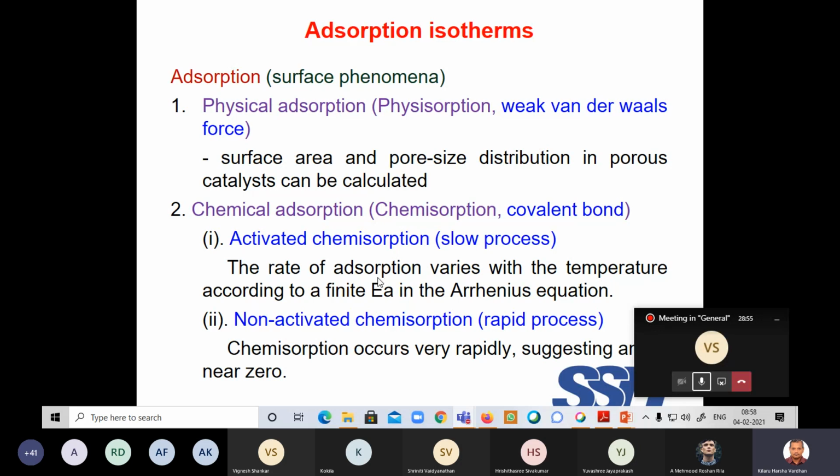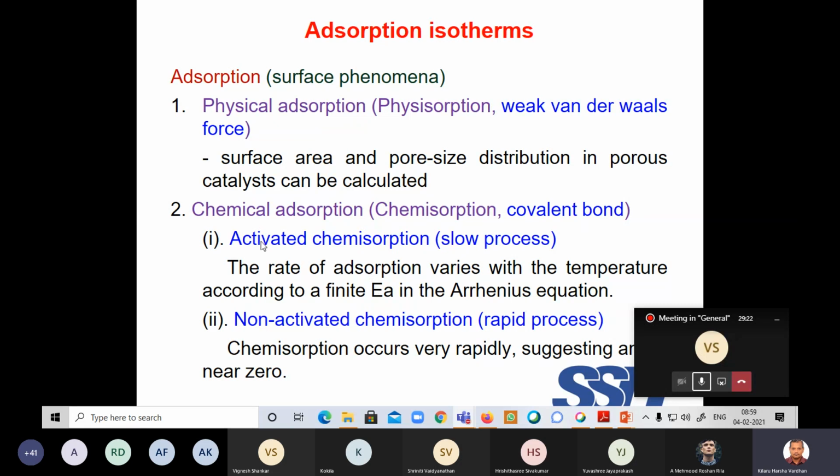EA is called the activation energy. The rate of adsorption varies with temperature, because as the temperature increases, your rate will increase. K is equal to K naught into e power minus E by RT. As T increases, your rate of reaction will increase exponentially.